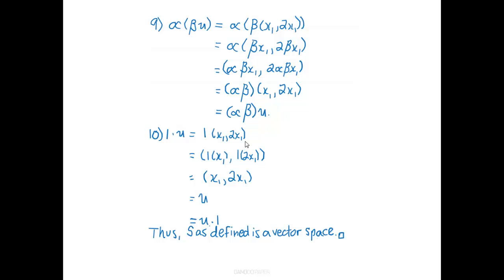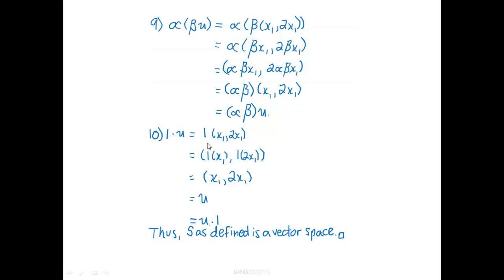And I'm emphasizing standard because in class, I'm going to give you a few problems where you would be asked to use a different definition of addition and scalar multiplication to verify if a given set is a vector space. And the definition will not be the standard definition in that particular set. But we'll come to that when we get there.